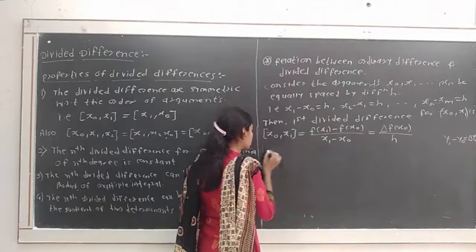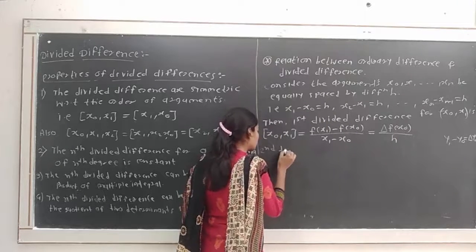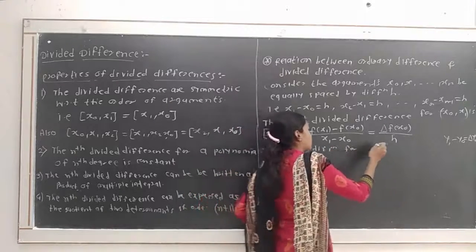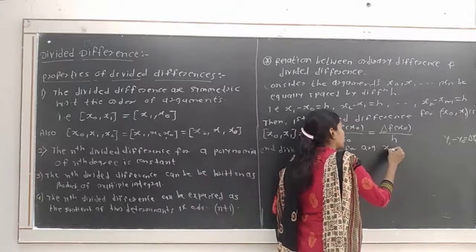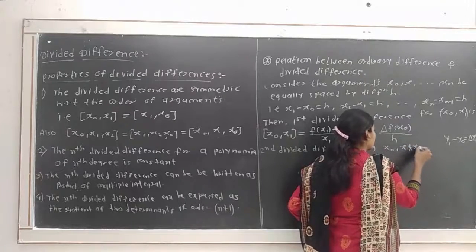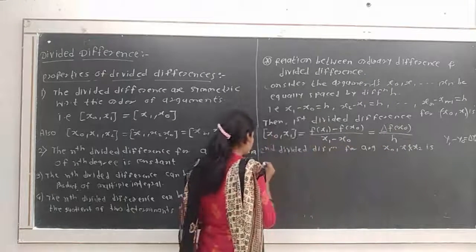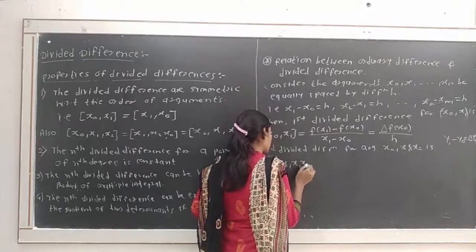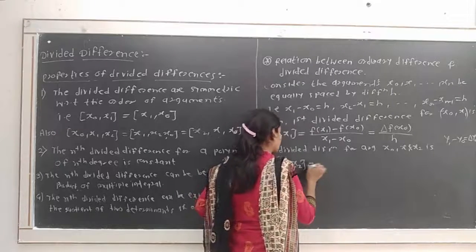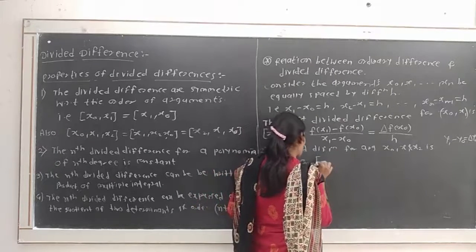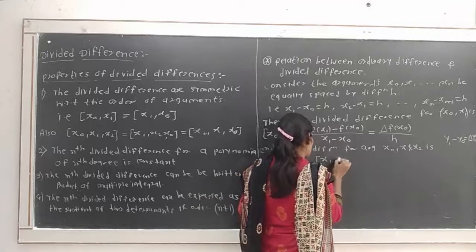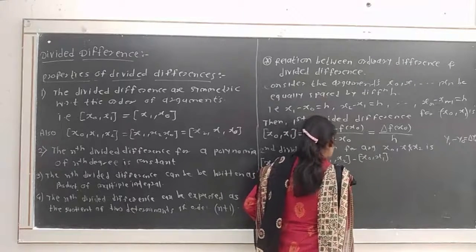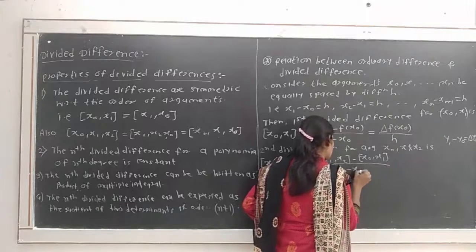Then we consider the second divided difference for the arguments x0, x1 and x2, which we denote by the notation in square bracket x0, x1, x2. It is defined as the divided difference of x1, x2 minus the divided difference of x0, x1, divided by x2 minus x0.